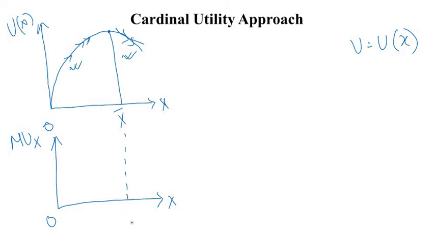So up to X bar, marginal utility is of course positive, but as total utility is increasing at a decreasing rate, the slope is falling. So it will fall and become 0 at X bar because that's where the total utility is maximum. After that, it will be negative because here total utility is actually falling. That is how we are deriving the total utility curve and marginal utility curve.